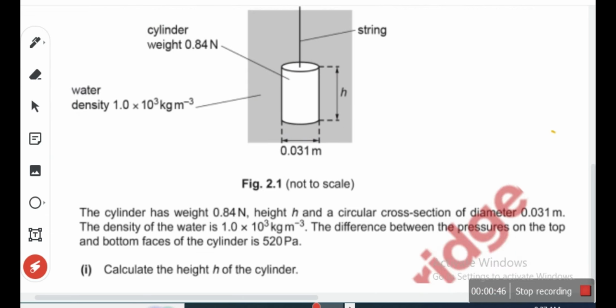This data is given. And it says the difference between the pressure at the top and bottom of the cylinder, the pressure here and the pressure here, is 520 pascal. The top of the cylinder is here, the bottom of the cylinder is here.